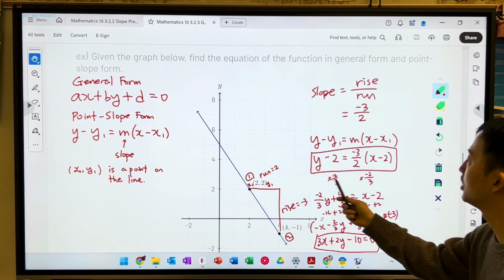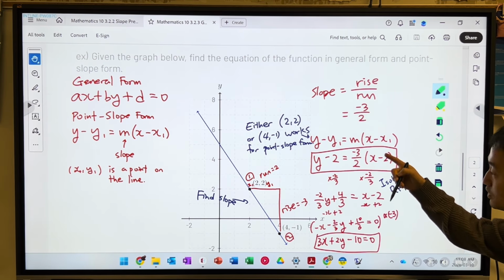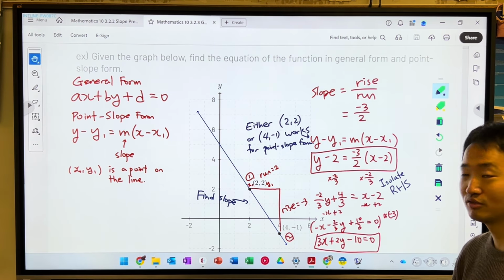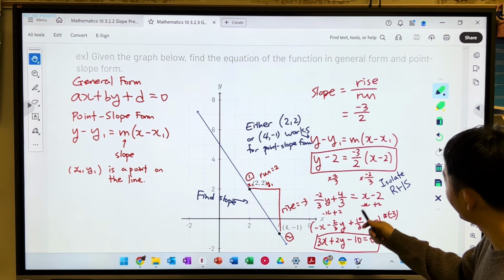In order to make it into the general form, the steps that I'm doing is isolate the right hand side. So step by step, I multiply both sides by negative 2 over 3, and then minus x plus 2 on both sides.